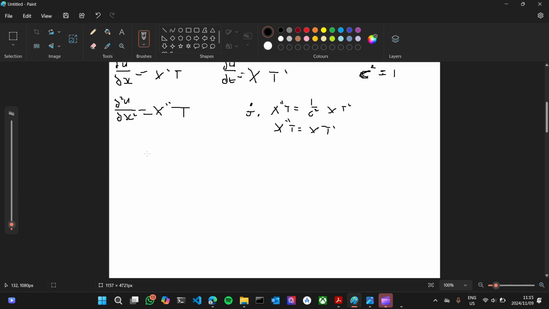Then we can rewrite that as x double prime over x, by getting all of the like terms on one side, equals t prime over t. Now we know that these two ratios are equal to a constant that we represent as minus p squared. So isolating both sides, is equal to minus p squared.